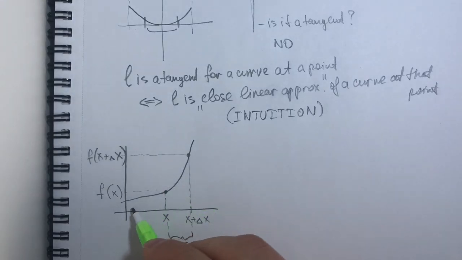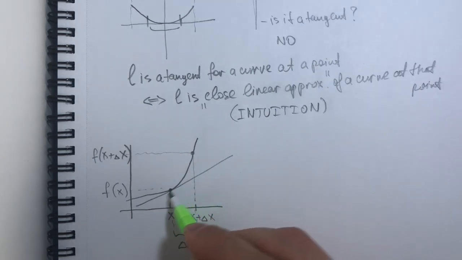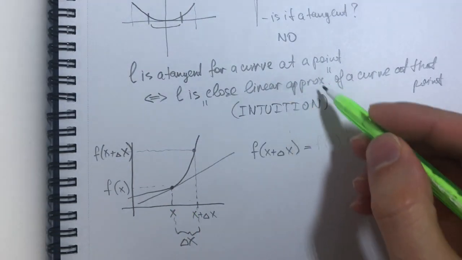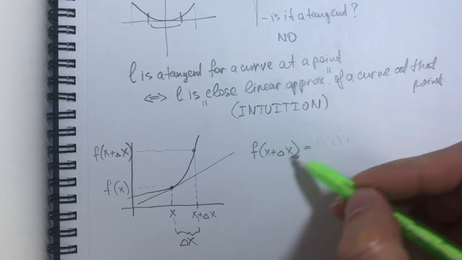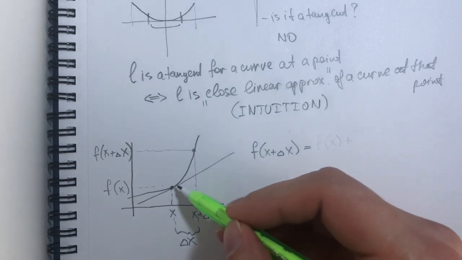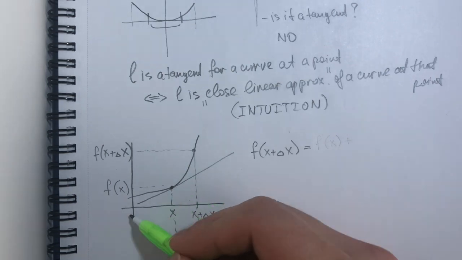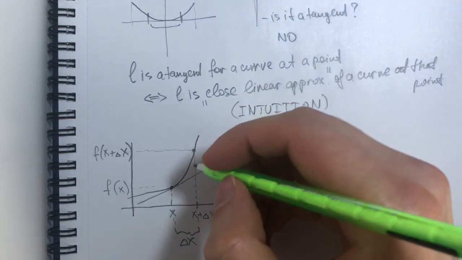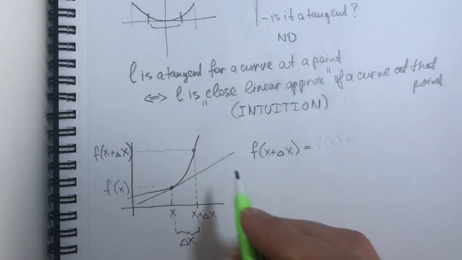So now pretend that I have a tangent. Yes, I haven't defined how to build it yet, but suppose we have it. So how can I make sense of this intuition? Remember that I want to be able to approximate this value only by knowing the value of f at x and my tangent line. Well, let us actually see what f(x + Δx) is composed of.